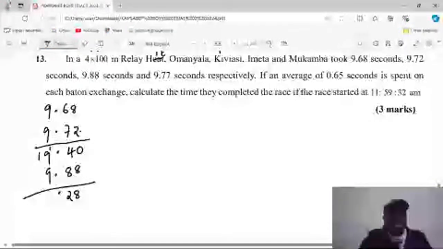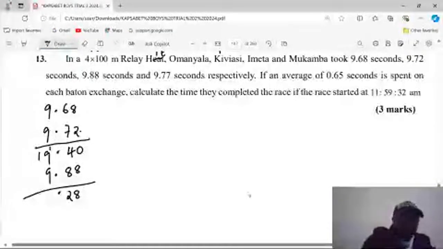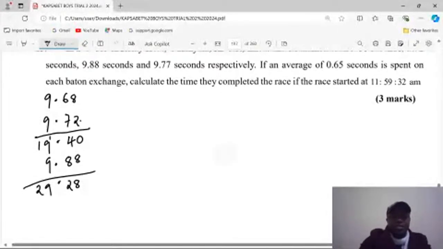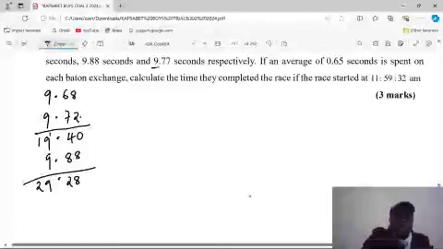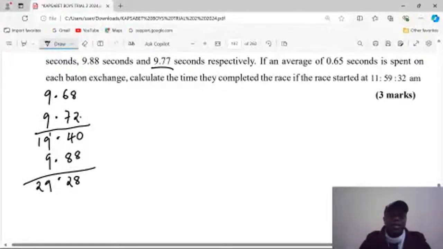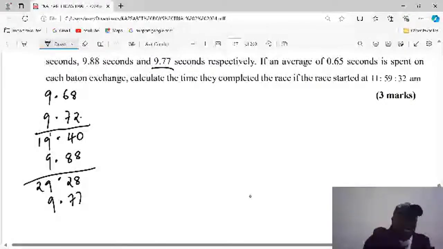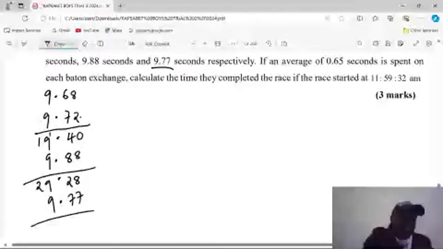19 plus 1 gives us 20, and so we shall have 29.28. Then we are also adding 9.77. So 9.7, when we add here, it means we are taking 27.